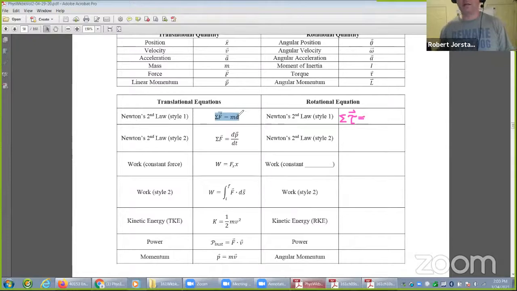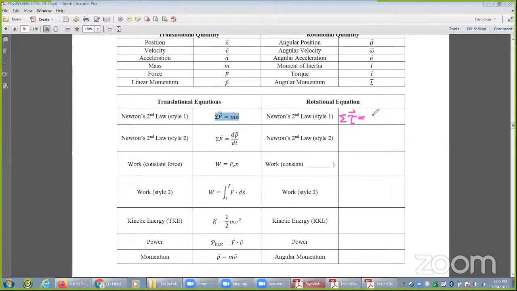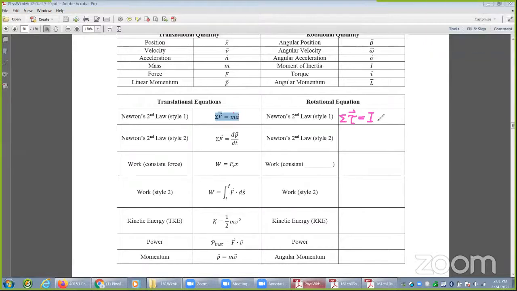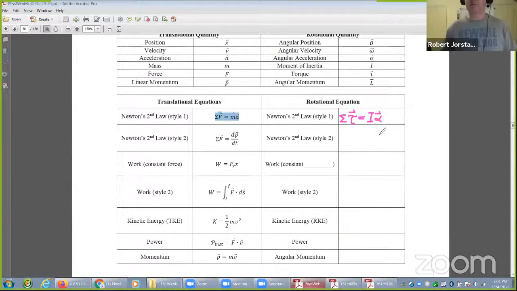Nope, not omega. What's the rotational equivalent of mass? Inertia. Yeah, moment of inertia. So don't say inertia, say moment of inertia. Inertia is mass. Moment of inertia is rotational mass. It's a subtle thing. So moment of inertia, and alpha. Alpha, yeah. And notice which things are vectors remains constant.